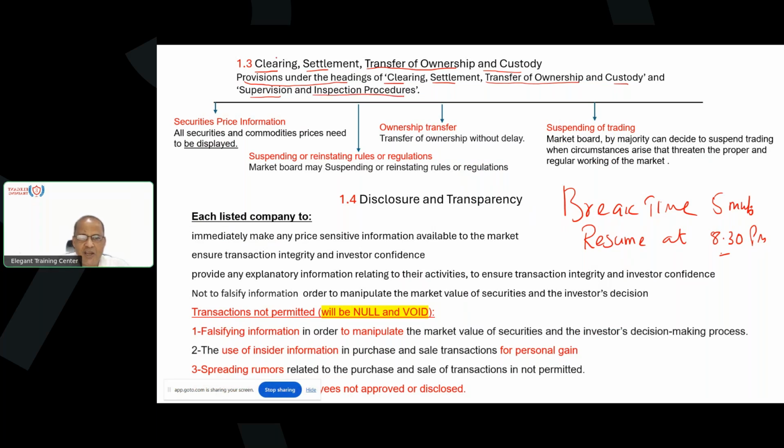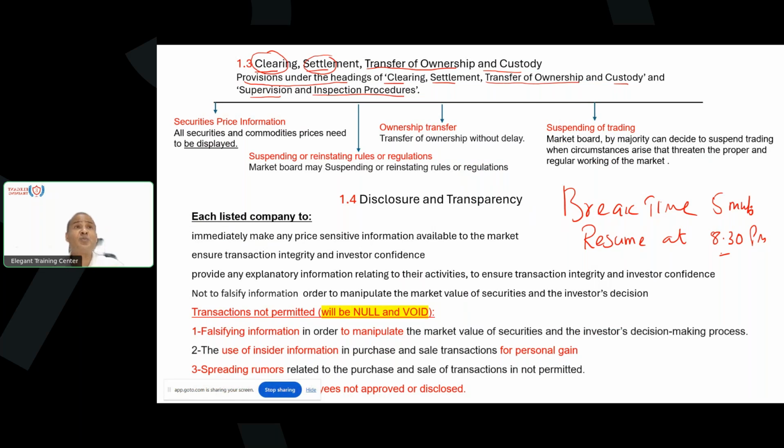So what is clearing and what is settlement? Clearing means transactions clearing. Buys and sells are called transactions. Those transactions are matched, they are cleared. Then they are settled, which is clearing and settlement.